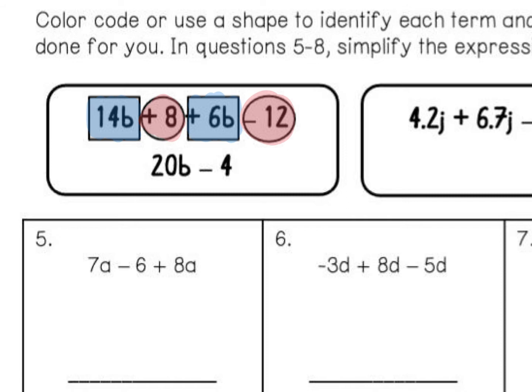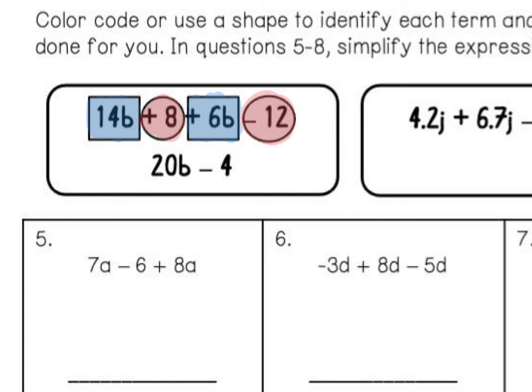So at this point, how many different colors do I have there? 2. I have a blue and a red. Do y'all agree? Which means I have to simplify this expression to 2 terms. So I can combine the blues together. When you start your combining process, you have to look at the coefficients.